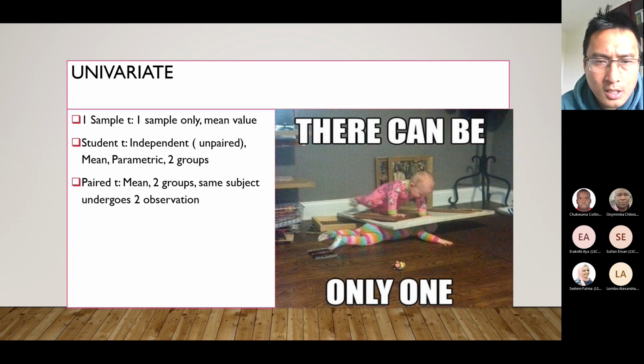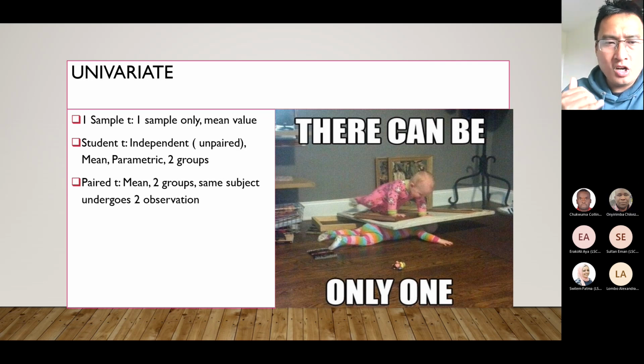If you are comparing paired means of two groups of the same subject undergoing two observations, for example comparing the weight of groups A and B now, and after 3 months, 6 months, that is a paired t. Okay, so is this clear to everyone? Yes.